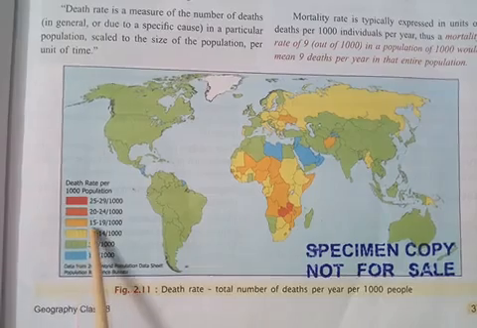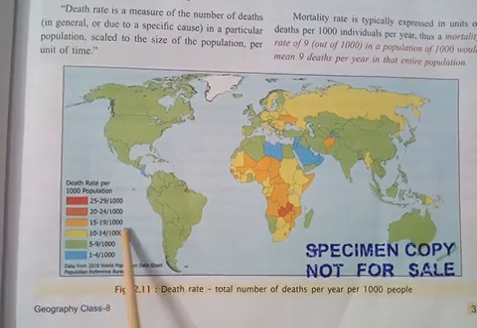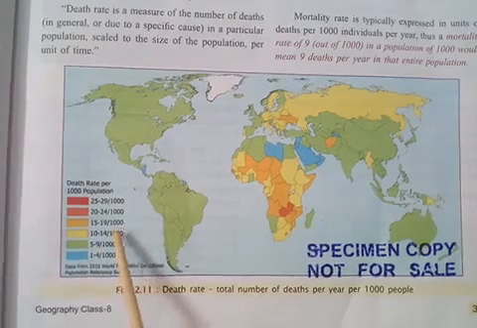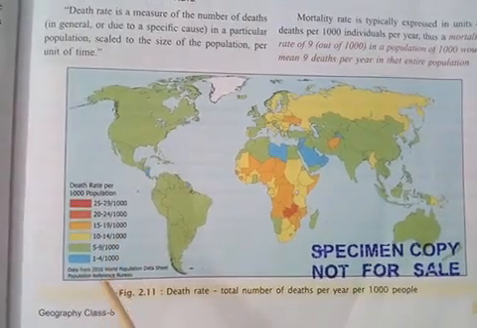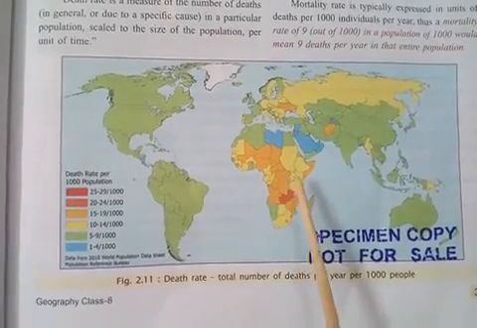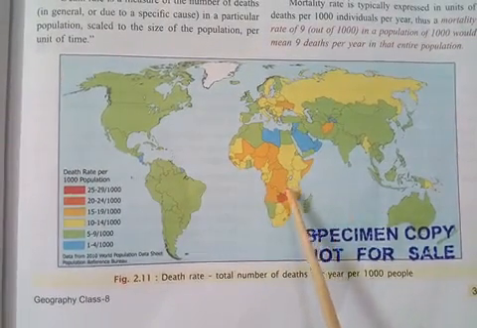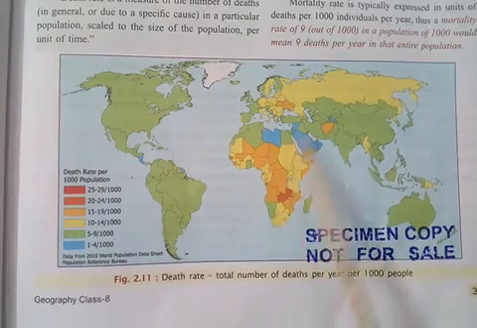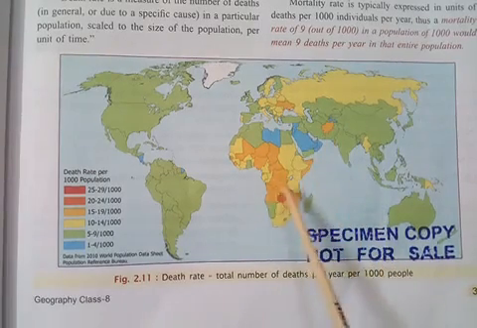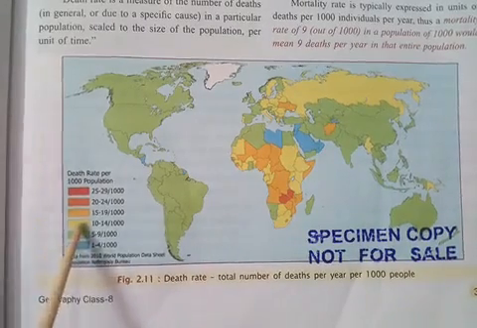The box suggests this is 15 to 19 per 1000. Now 15 to 19 is high. That suggests these countries shown in orange usually have a very high death rate.